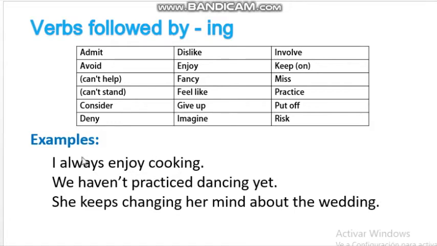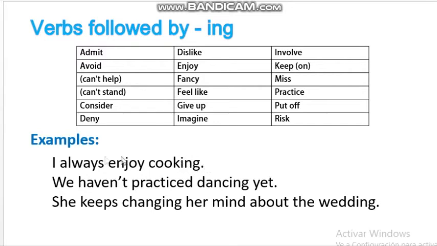As you can see, we have admit, avoid, can't help, can't stand, consider, deny, dislike, enjoy, fancy, feel like, give up, imagine, involve, keep on, miss, practice, put off, and risk.